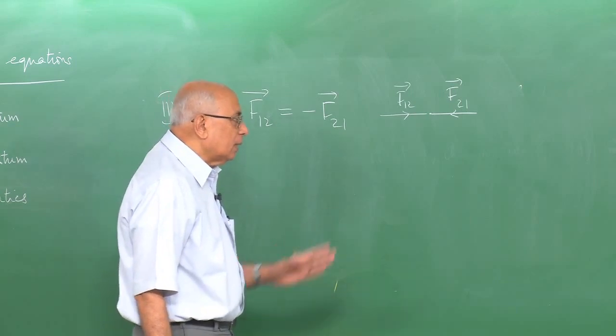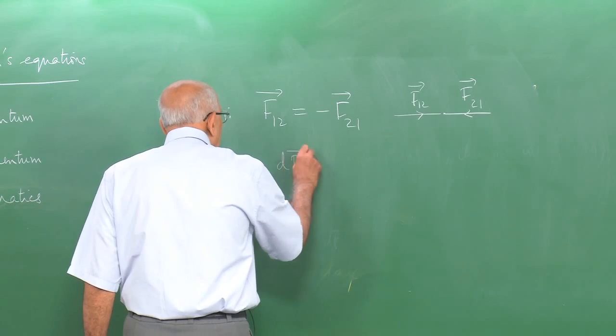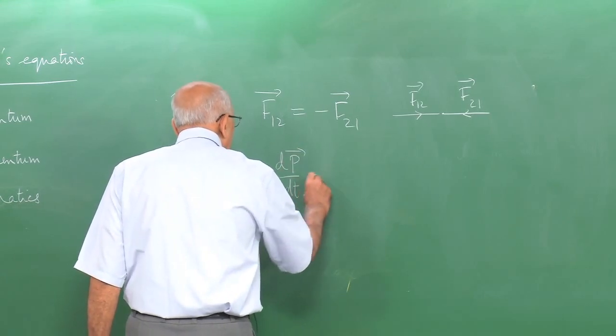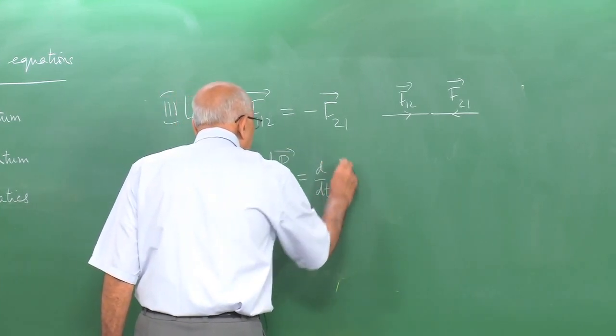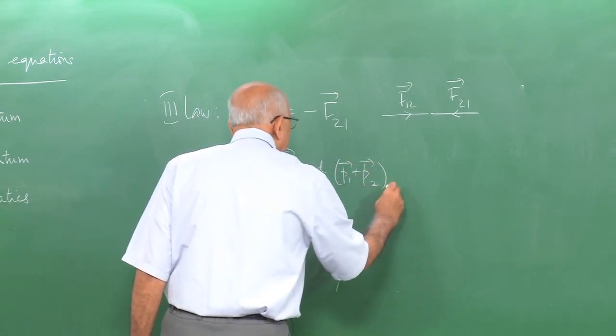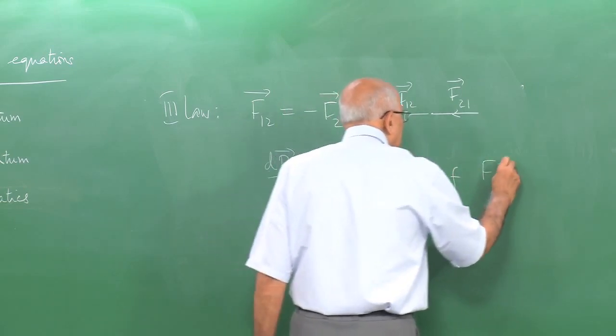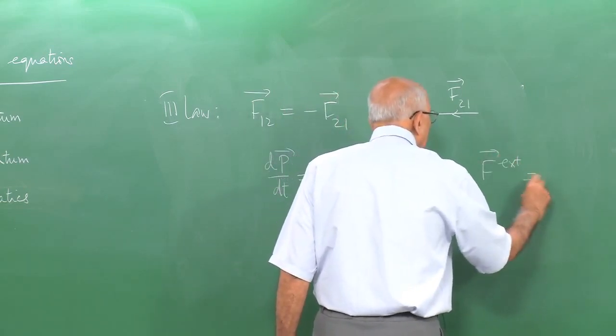But immediately, as a consequence, it follows that dP over dt, equal to d over dt of P1 plus P2, by definition this quantity, is equal to 0 if F external equal to 0.